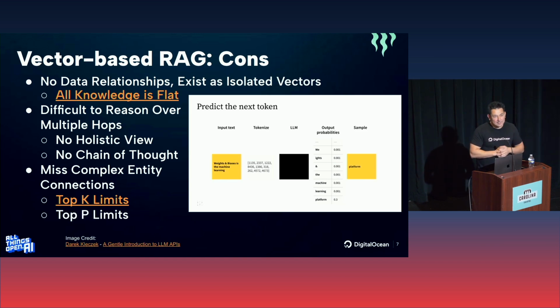There's a bunch of other things that impact that as well, right? Top K, top P, which I'll go into in a little bit. All of these things that are meant to make vector databases excel and be very performant also hinder their ability to give you the appropriate or correct response. And this is how you start to get into this weird hallucination territory.